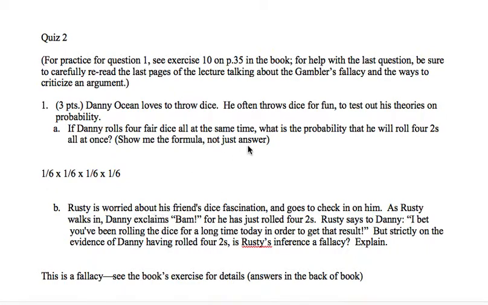So for the first one, if he rolls 4 2s, what's the chance that that occurs? You don't have to calculate this. What's the chance of getting a 2 when you roll a die? Well, there's one possibility for 2 because there's one face that has a 2, and then there's 6 possible outcomes: 1 2 3 4 5 6. Remember, probabilities are possibilities divided by possibilities.